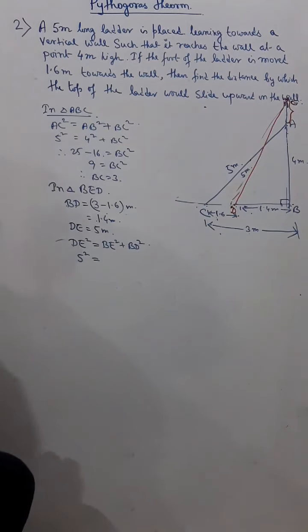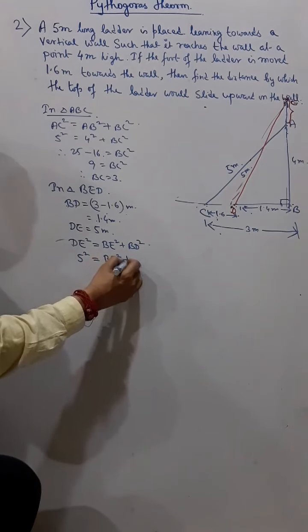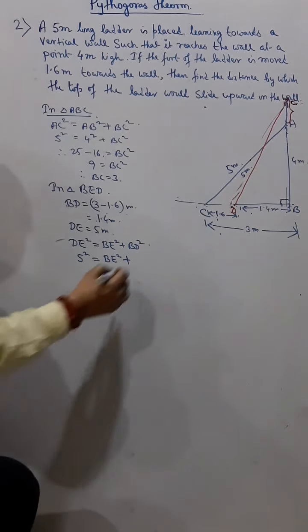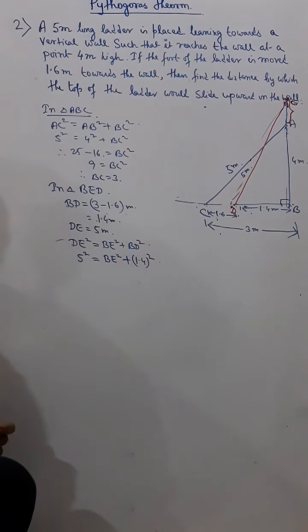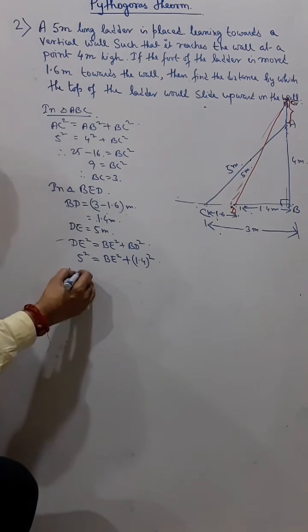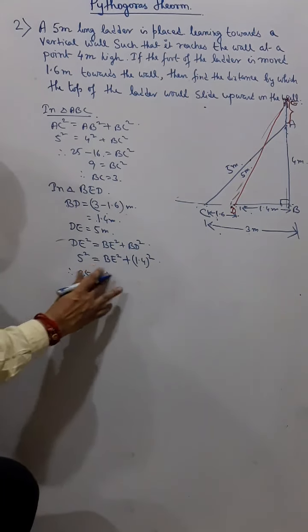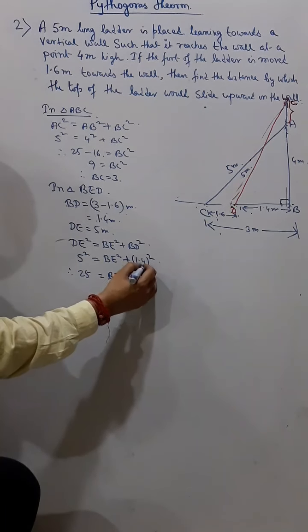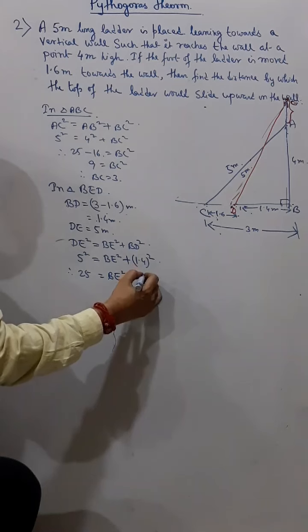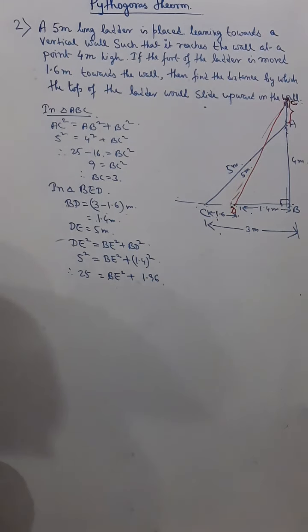So 5 square is equal to BE square plus 1.4 square. 5 square is 25, and 1.4 square is 1.96.